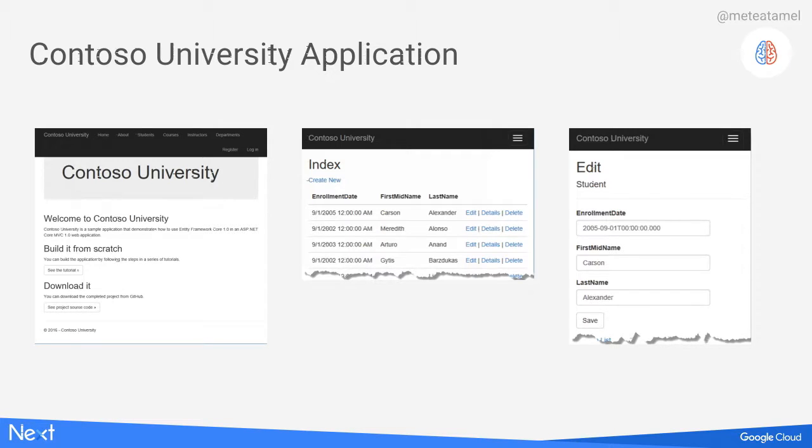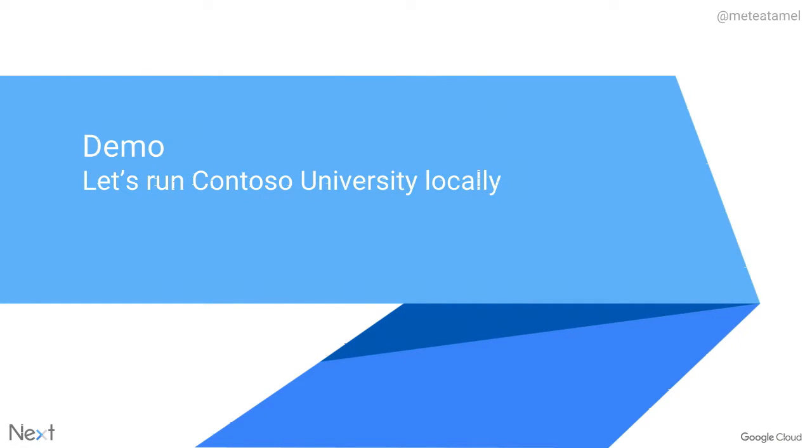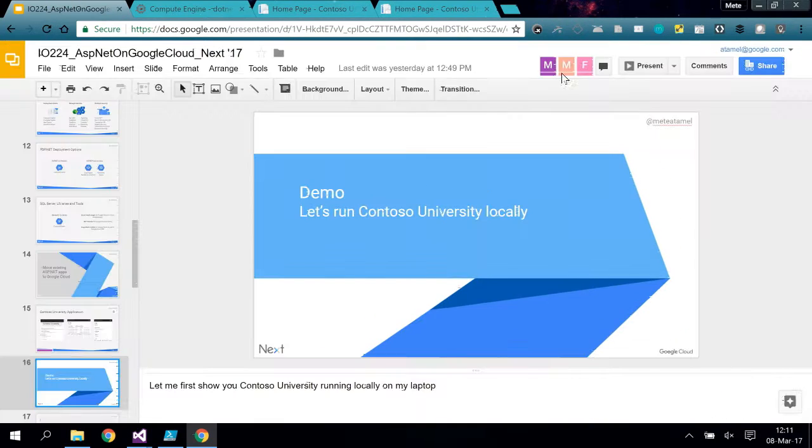It has some simple pages for students, for courses, for instructors, and it's backed by a SQL Server instance, using MVC, Model View Controller 5. It's just a reference application showing how to use MVC backed by a SQL Server. So let's take a look at that quickly. In the demo, I just want to show you how this works locally on my machine.